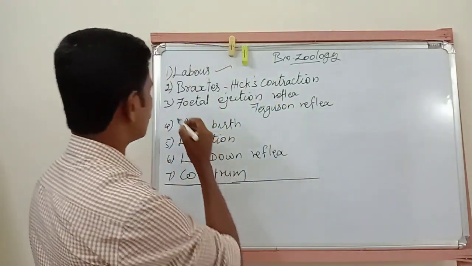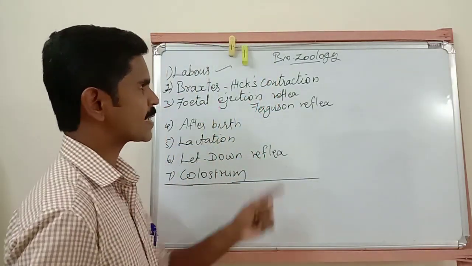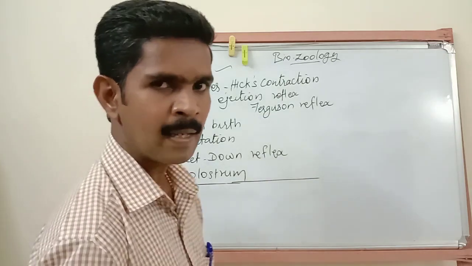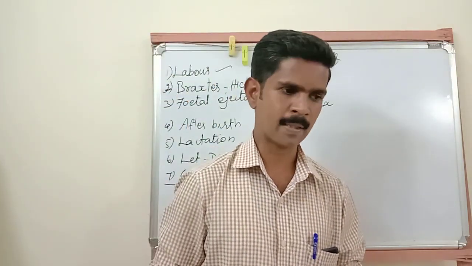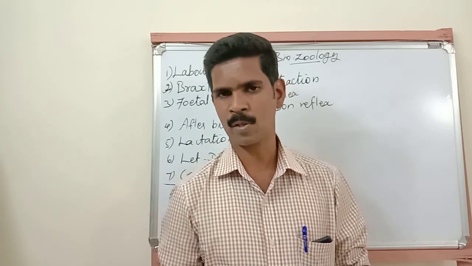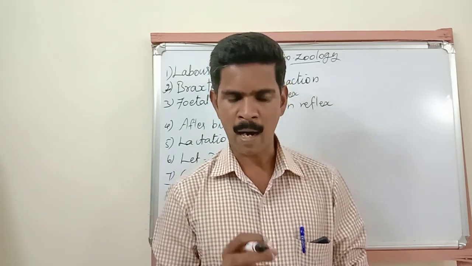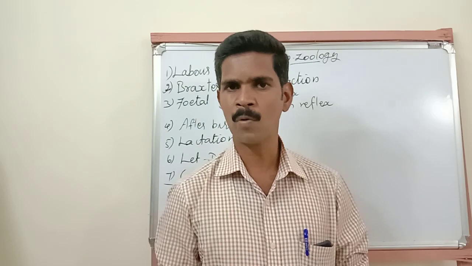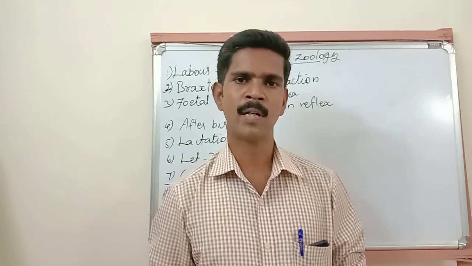The second one is Braxton-Hicks contraction. When the pregnancy progresses, the amount of estrogen hormone increases in the blood of the mother.